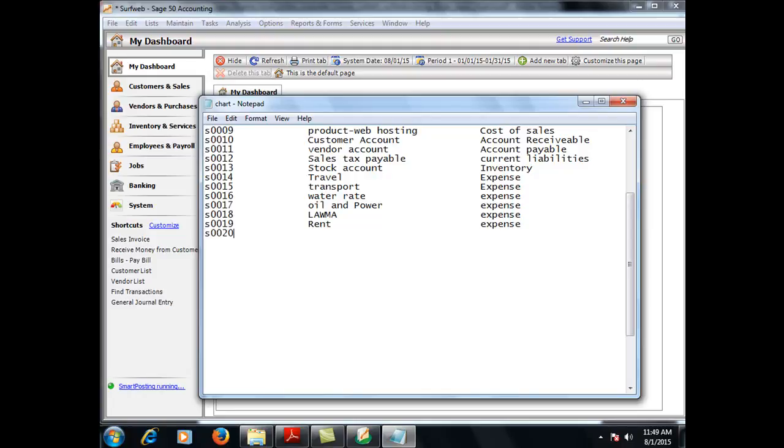Where do you have your prepayment? In the balance sheet. Where? Current asset. Thank you. So other current assets.